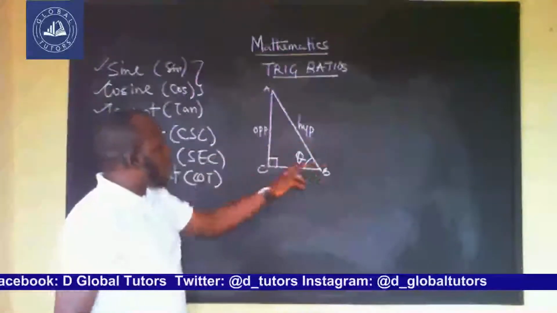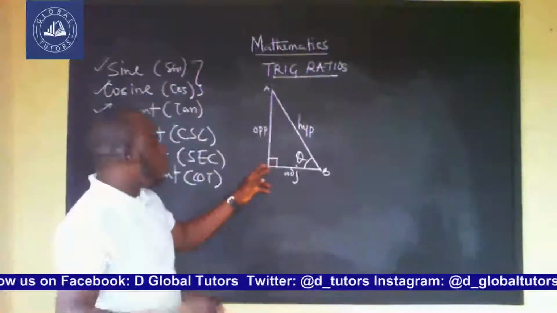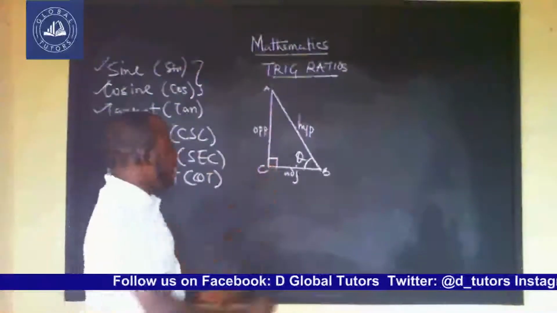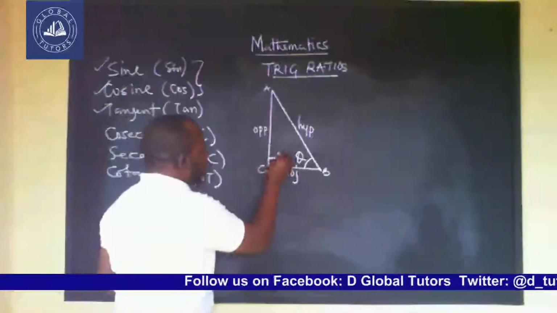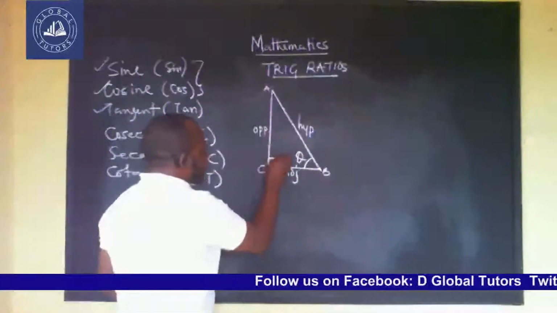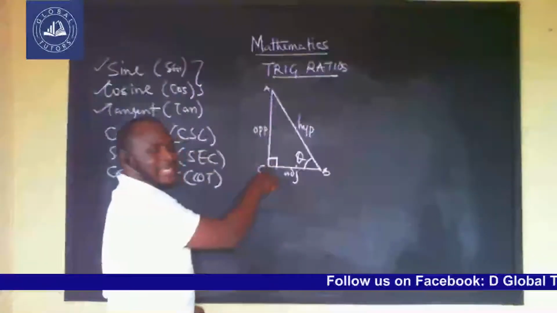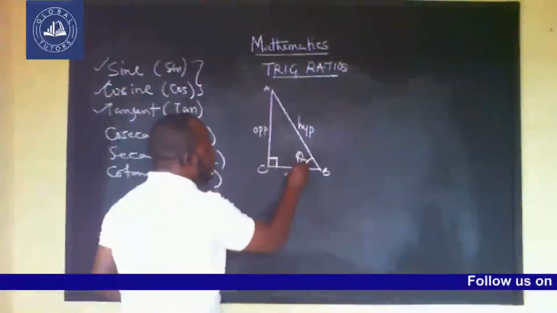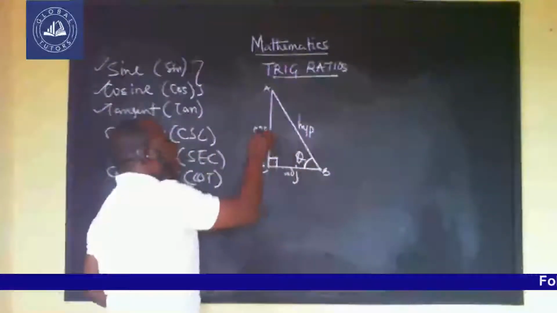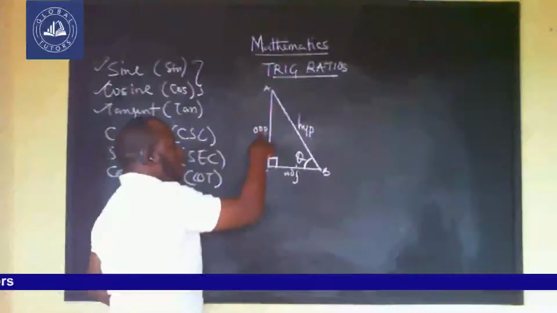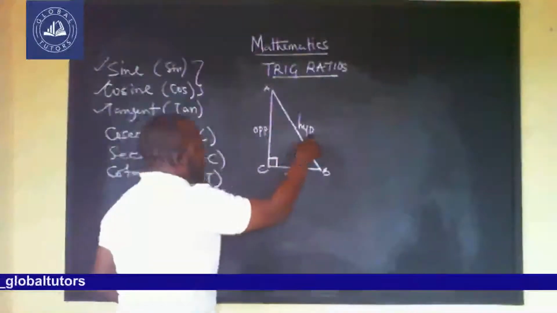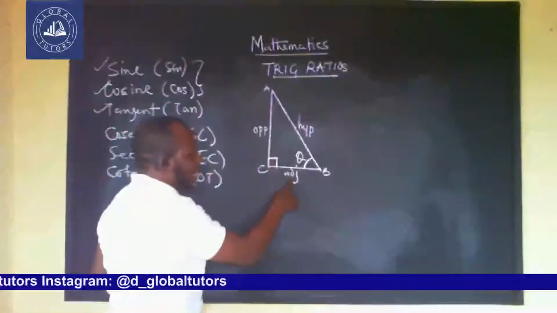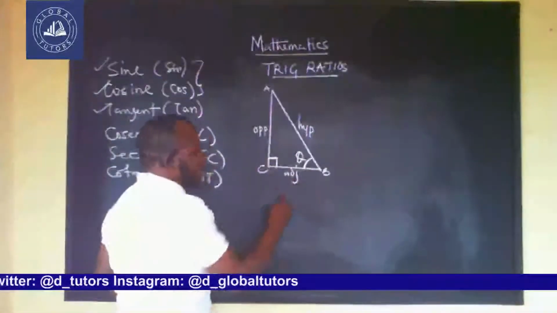A right angle triangle is a triangle whose one angle is 90 degrees. So let's assume this triangle ABC is 90 degrees at C. Then we consider this angle as theta. Then the side facing theta will be opposite. The longest side will be hypotenuse and the other side will be adjacent.